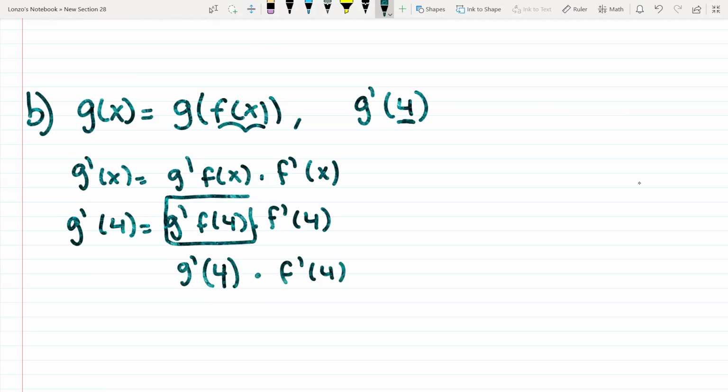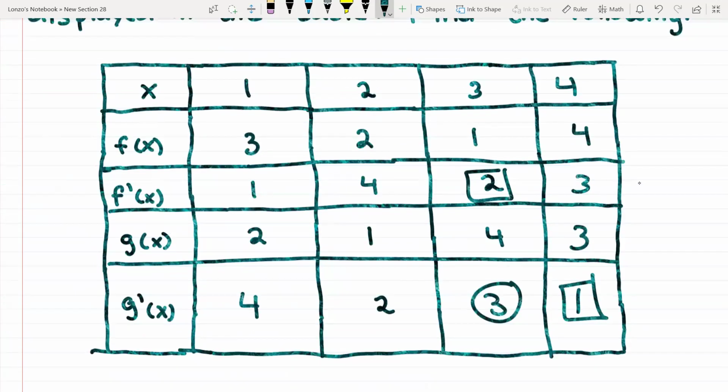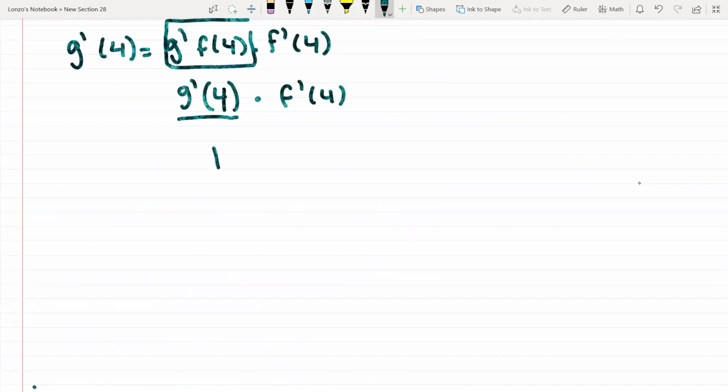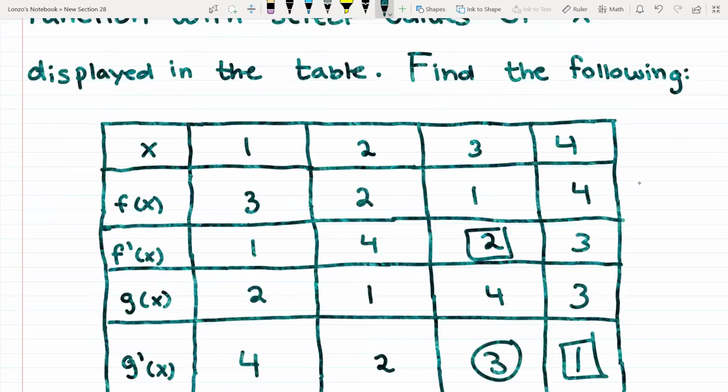Now I've got to look at my table again. I've got to find g prime of 4. Here's g prime, and then 4 spits out 1, times f prime of 4. Here's f prime, x value is 4, spits out a 3.